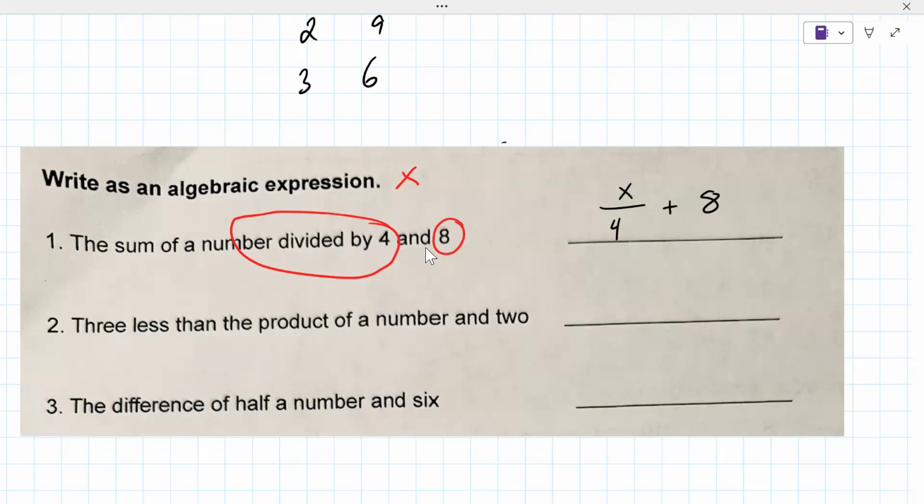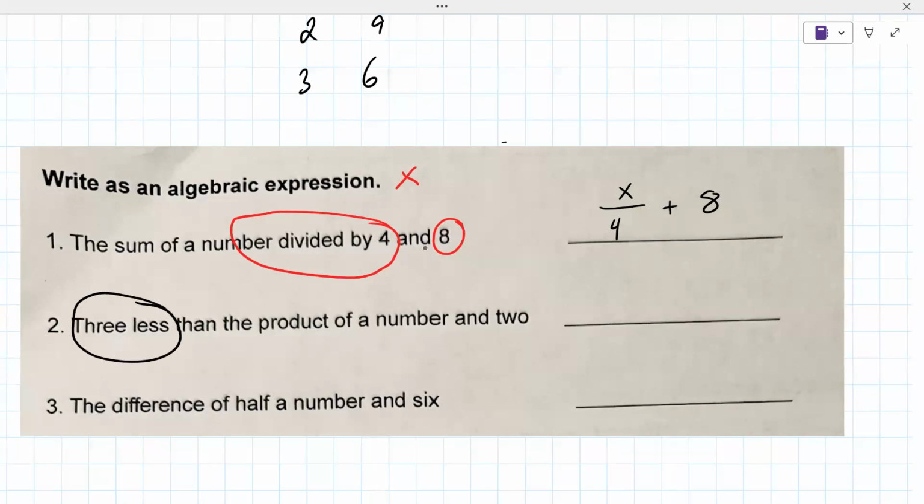3 less 8. x times 2 minus 3, or would it be 3 minus x times 2?